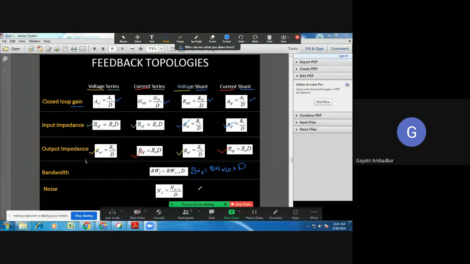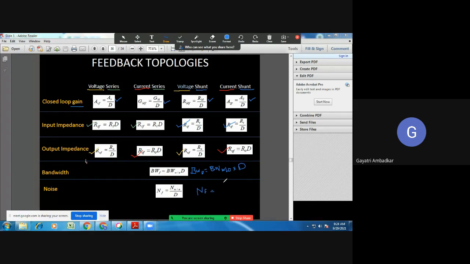So, noise with feedback, if I indicate it by NF, will be noise without feedback divided by D. So, by applying feedback, noise is also reduced. Is it clear?